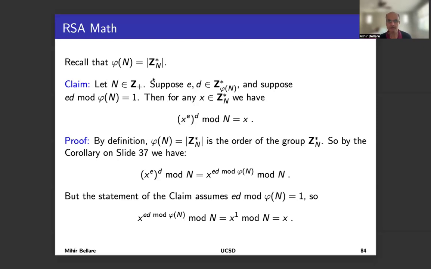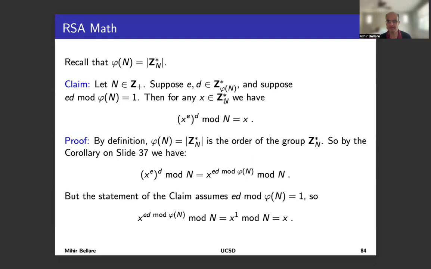Now, remember that n itself defines the group Zn star. So I take some point x in that group, and I start raising it to powers. I raise it first to this power, and then the result to this power. I can certainly do that. I just treat these as integers, and it makes sense to raise this group element to integer powers.